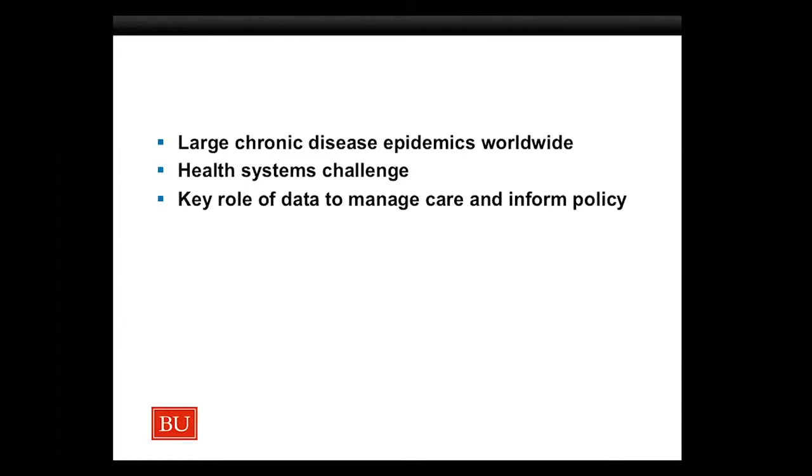And there's a key role, obviously, there of data to both manage care at the individual level and also to inform policy. So in lower resource settings, chronic disease management is essentially iterative collection of biomarkers. In HIV, a CD4 count or viral load, in diabetes, an A1C or blood glucose, et cetera, and then a clinical action on the basis of that biomarker.